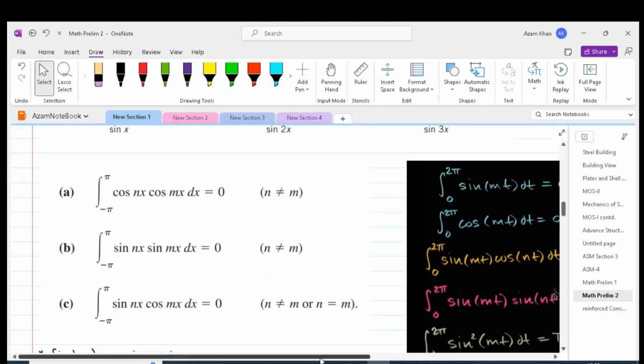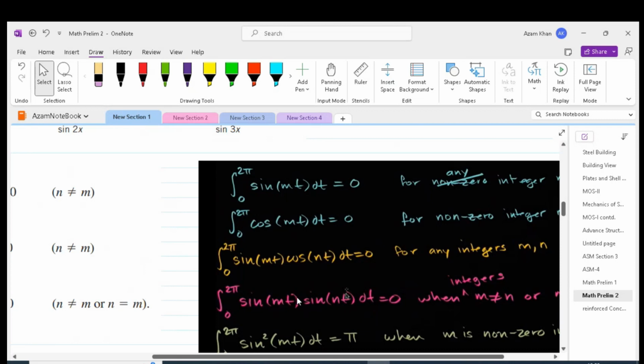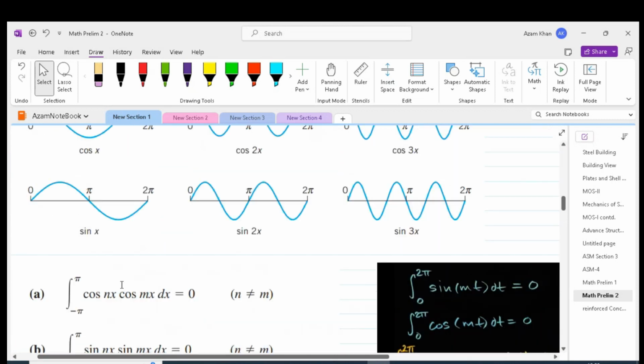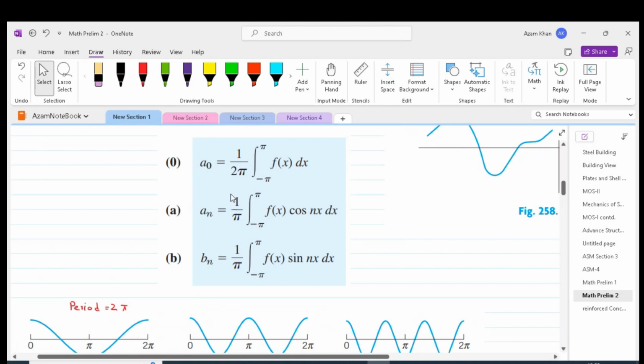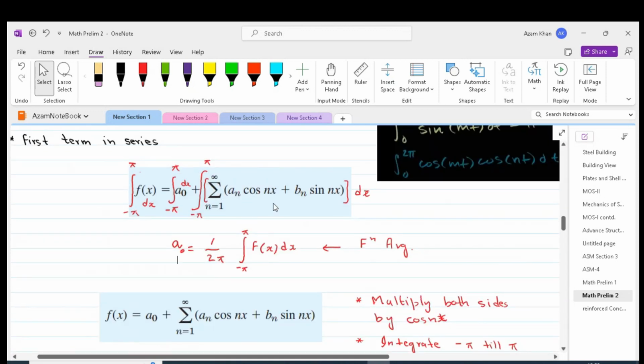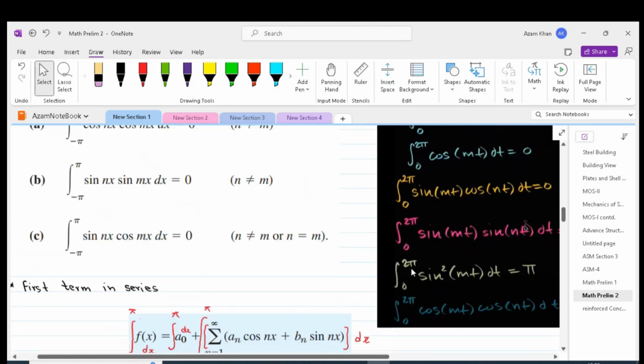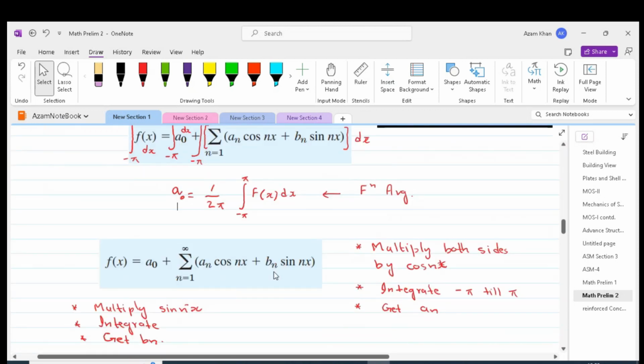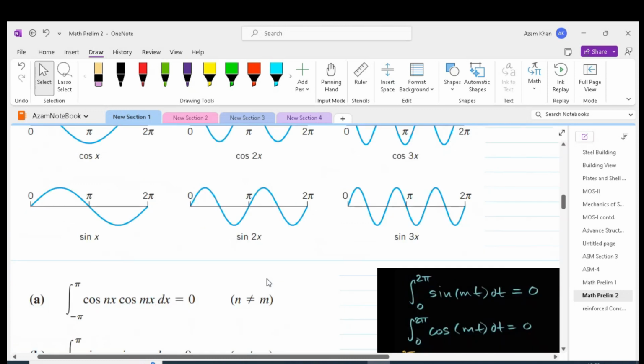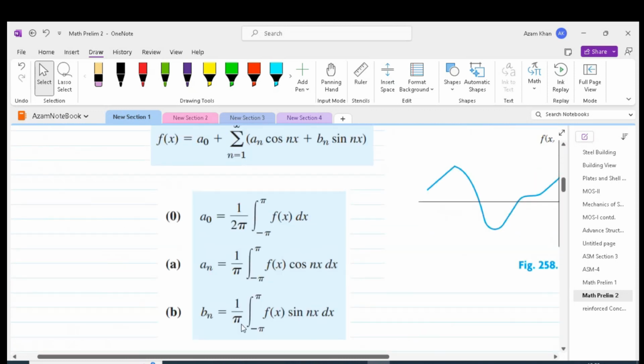And using the identities we defined over here, we get the value of an equal to 1 by pi times the integral from minus pi to plus pi of f of x times cos nx dx. Similarly, for the third term, bn, we can multiply both sides by sin nx and use the same identities to get bn equal to 1 by pi times the integral from minus pi to plus pi of f of x times sin nx dx.